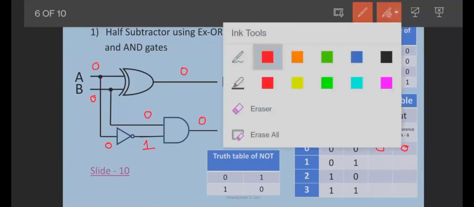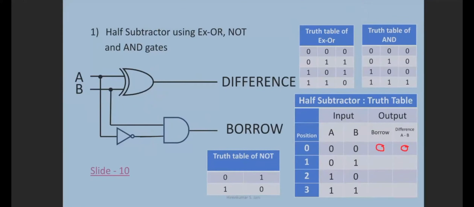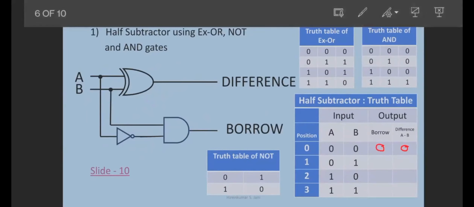Now, let us go for the second case. For the second case, we will have, say, input A is 0, while the input B, it is equal to 1. So the output of the XOR gate, since there are different inputs, it will give 1 for the difference.